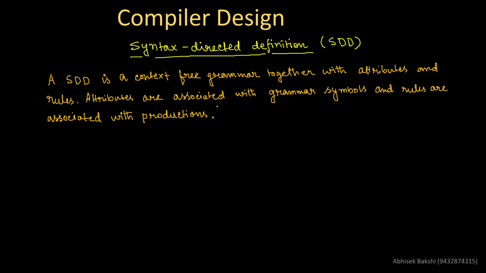Now you see, obviously some part is not clear over here, maybe, for example, what is an attribute and what is a rule. It will be very clear in the near future. But before that, let's take an example to express this.